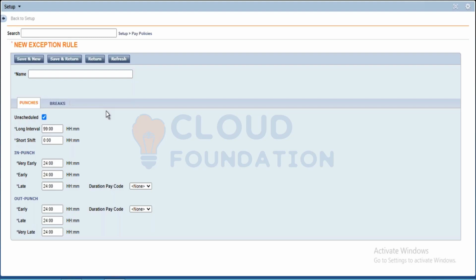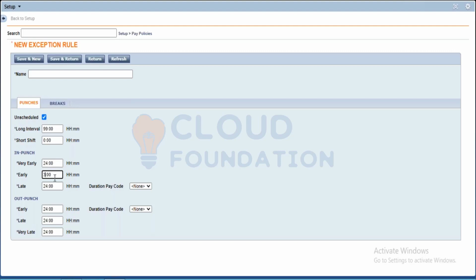My requirement is that when the employee comes in 30 minutes or more before their schedule start, they need to be flagged. I can do both of these in one rule. So if my employee is coming 30 minutes before his scheduled start, I'll just put it as 30.